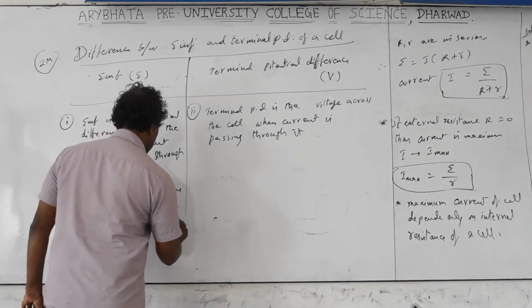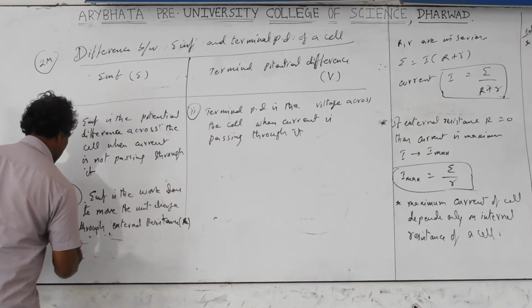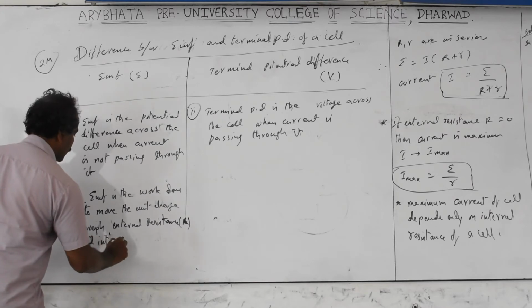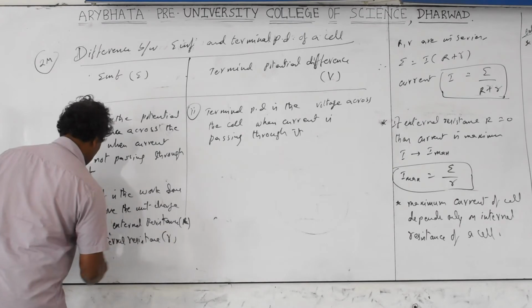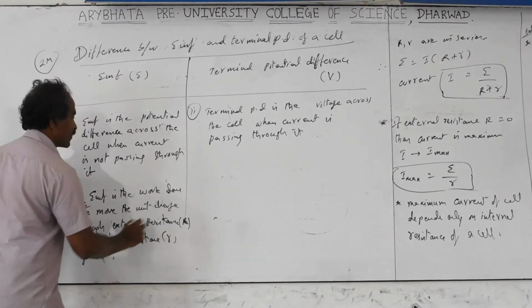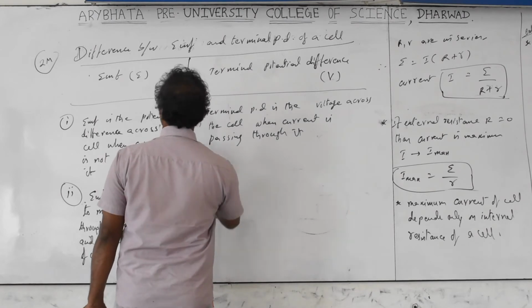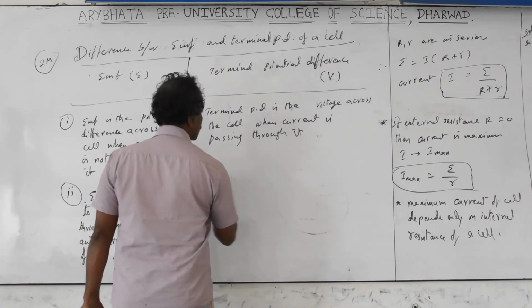External resistance R and internal resistance r of the cell. This is the first point. This is also the second difference.